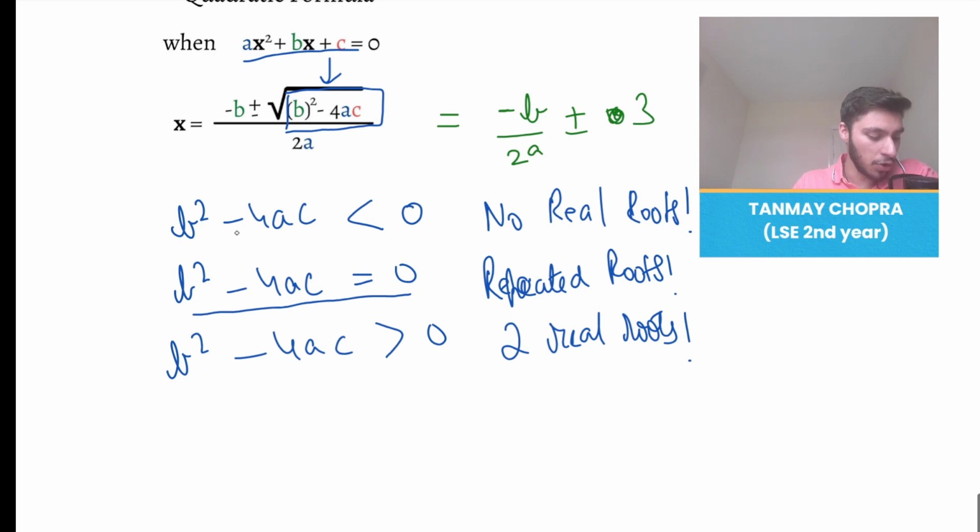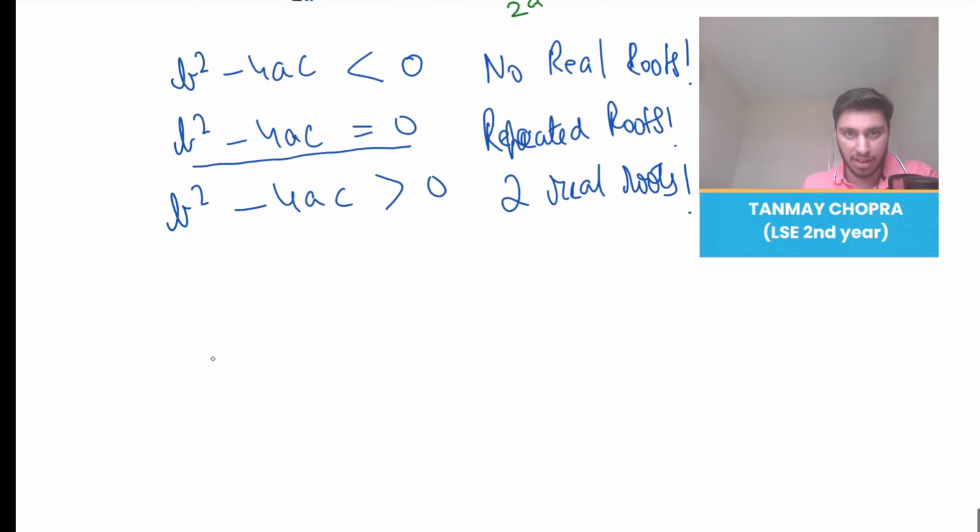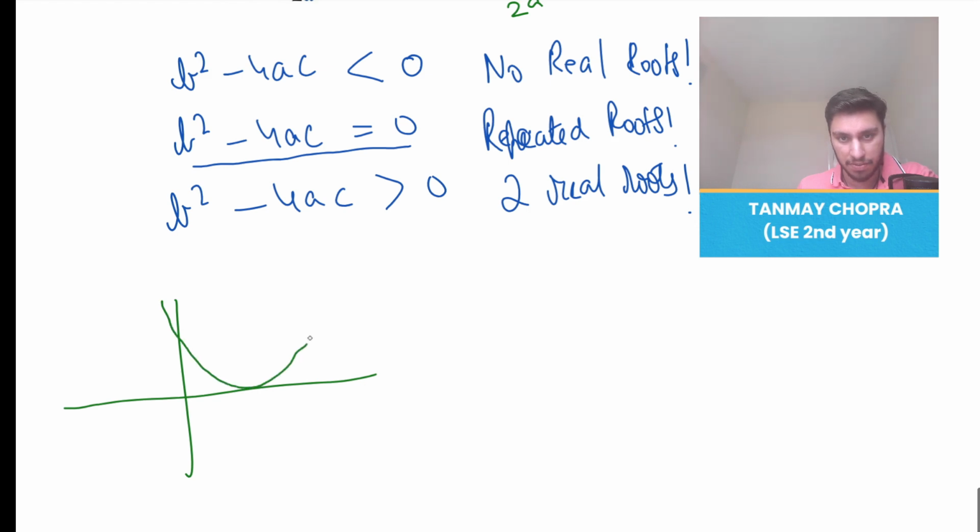I'm just going to quickly show you what happens with the discriminant. What do the graphs look like? You probably can guess it. If I have 1 root, the graph might look like something like this. Repeated roots. It will just touch the x-axis and it will go up.